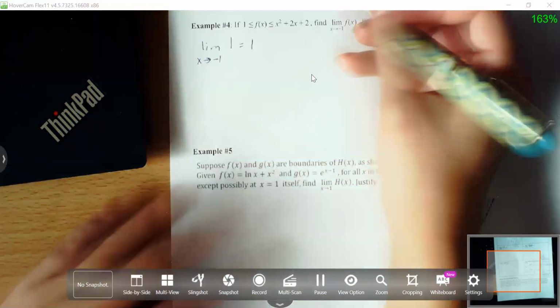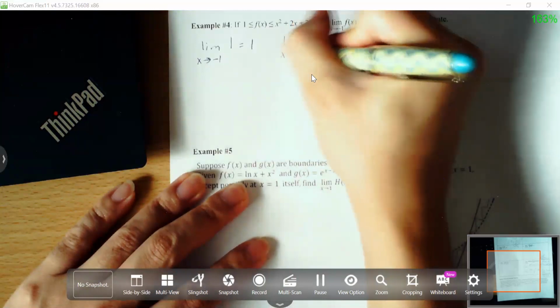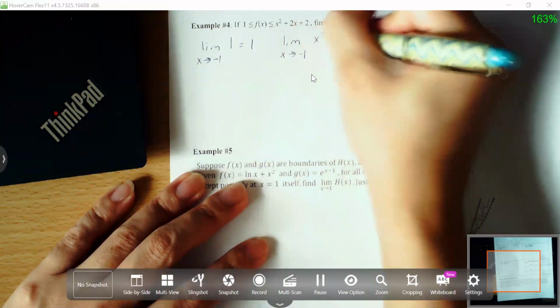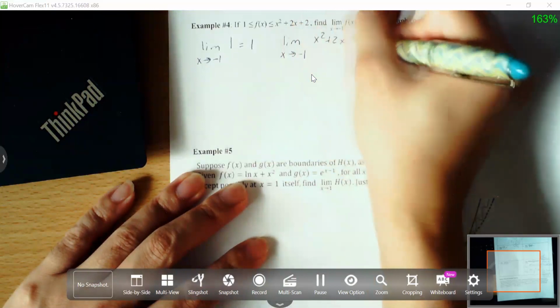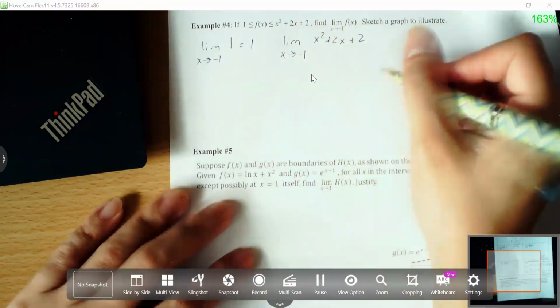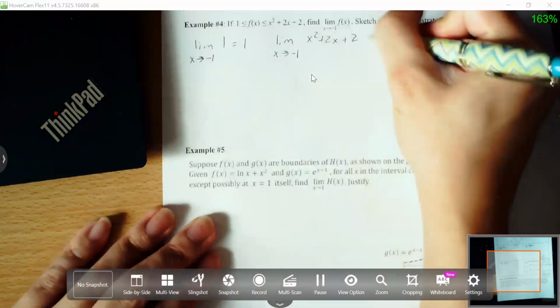Now let's find the limit of the right function. Now we know how to do that. That's just plugging the -1 in because it's a continuous function.